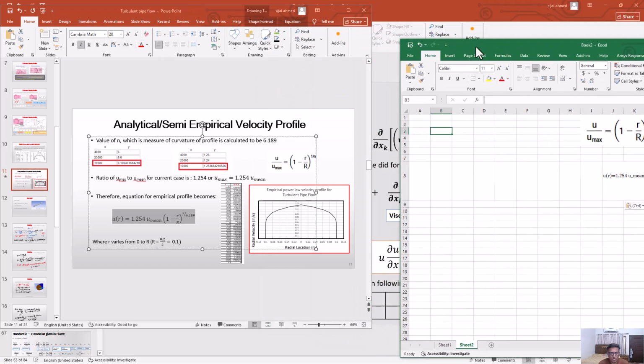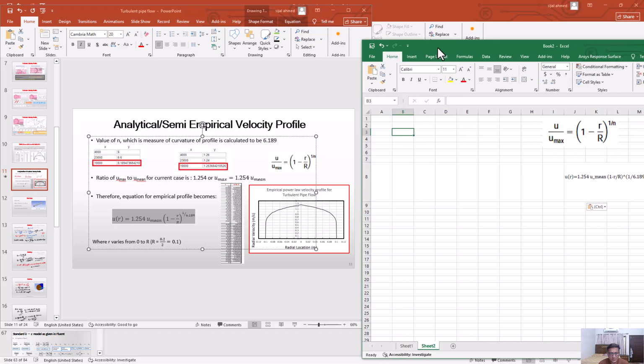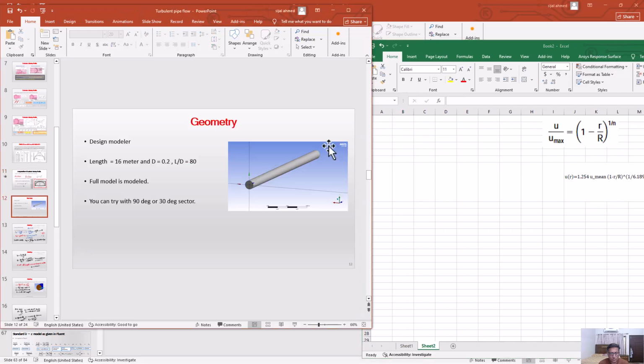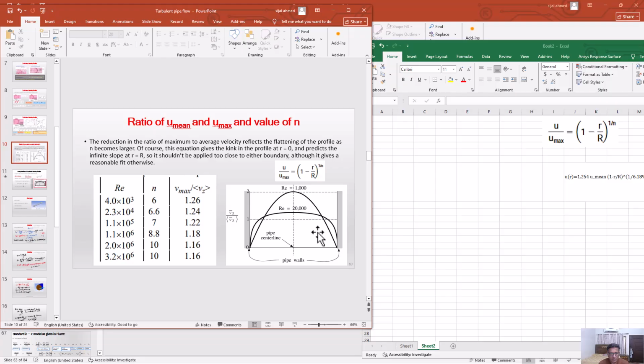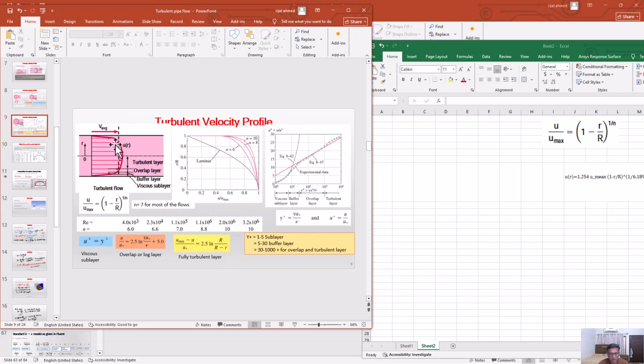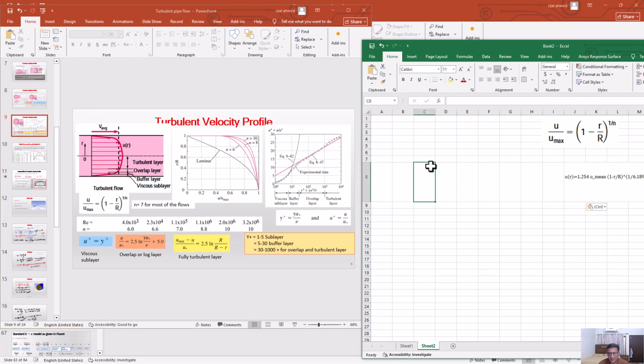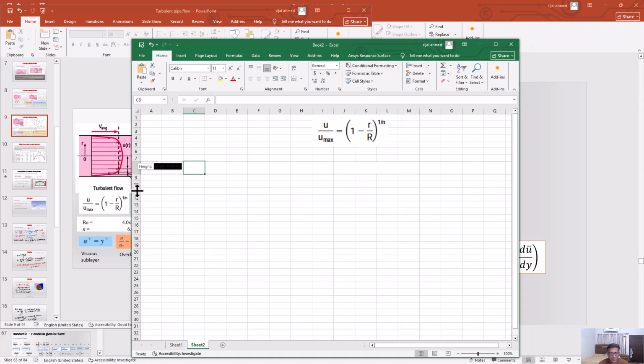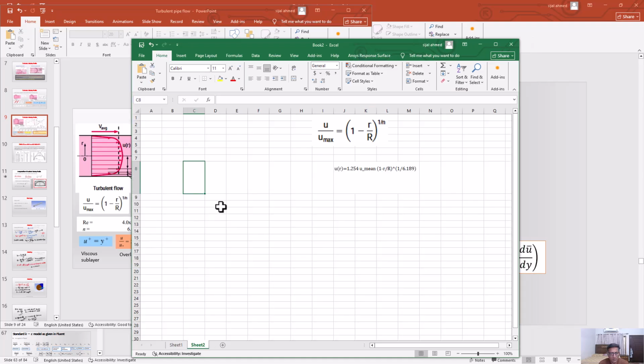What we have to draw is the velocity. There are two ways to draw the velocity. Number one is in this way. The second way is like you do on the pipe. In that case, the radial coordinate will be along the y-axis and the velocity will be along the x-axis. So let me show you that. This is the velocity, and this one is the radial coordinate.